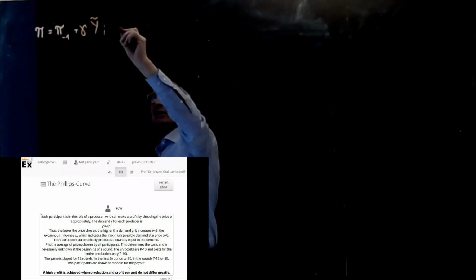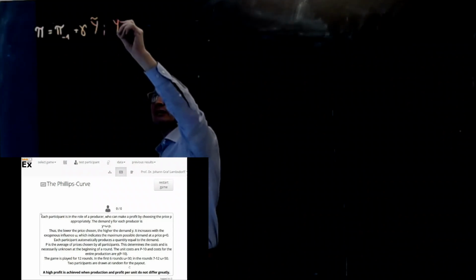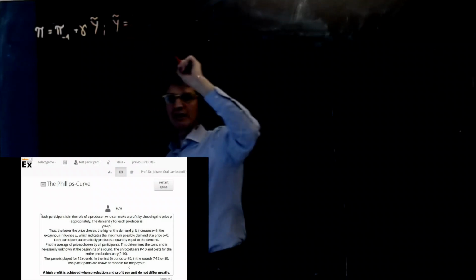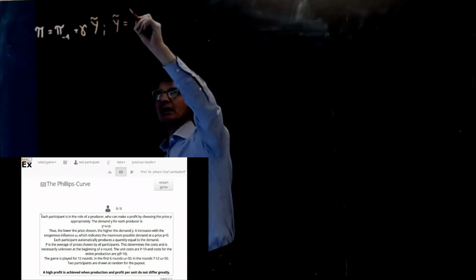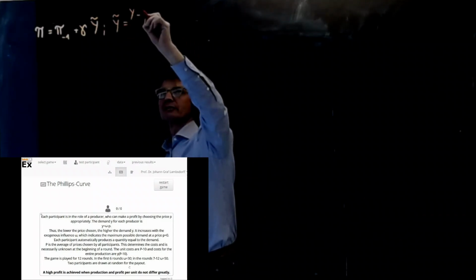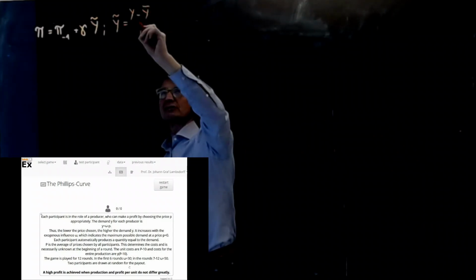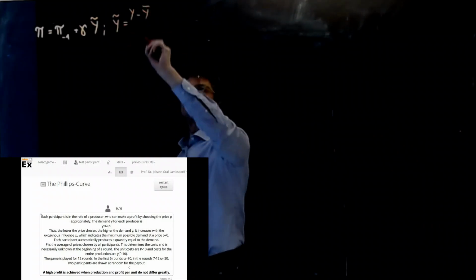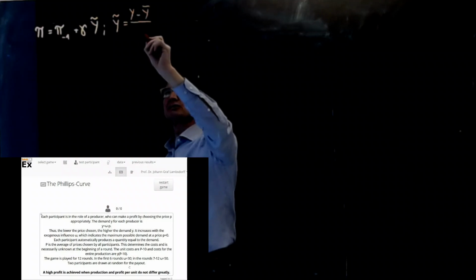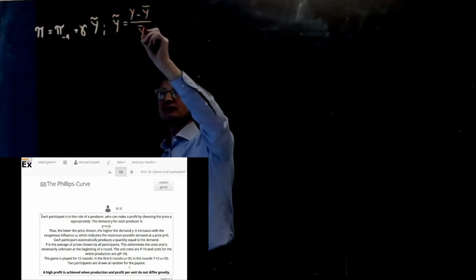We define the output gap by y tilde being equal to aggregate demand y minus potential production y dash, over y dash.